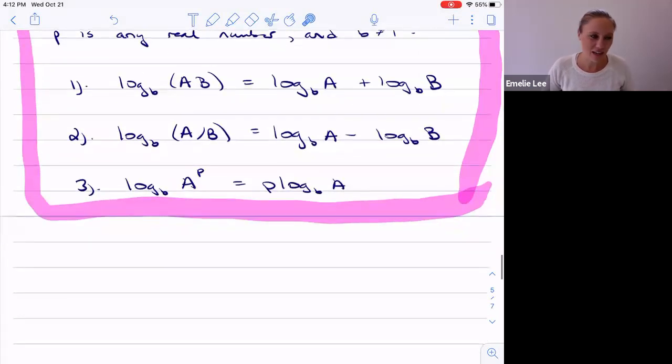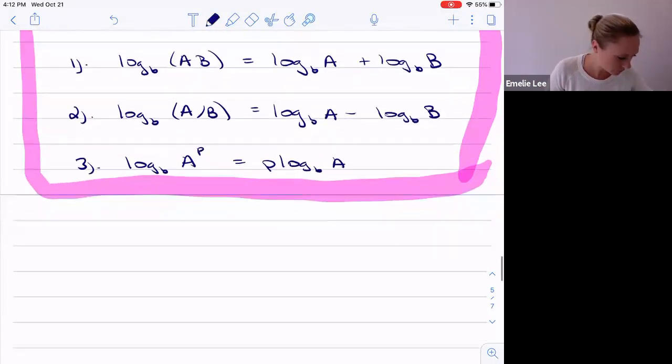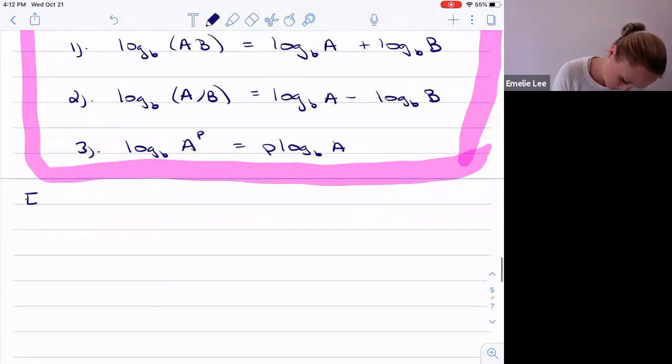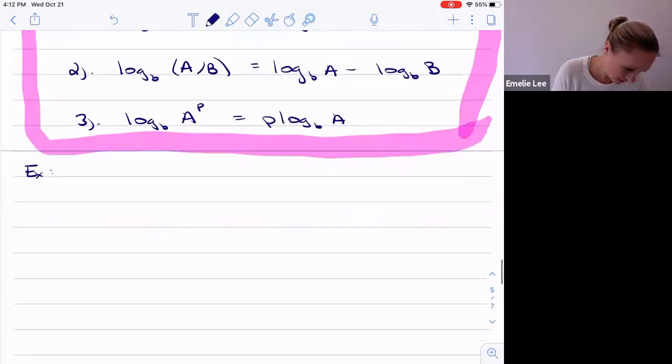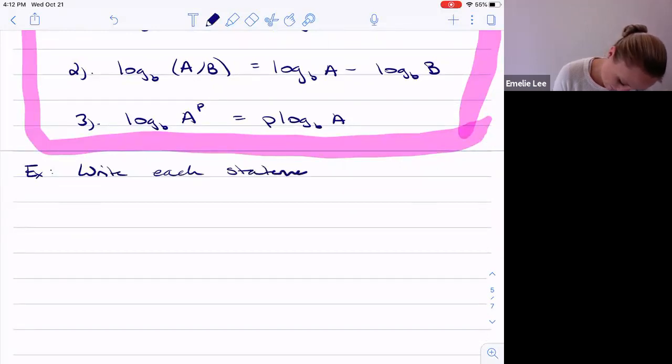Anyways. Okay, so we're going to use these rules to simplify stuff. For example, write each statement as a single logarithm.